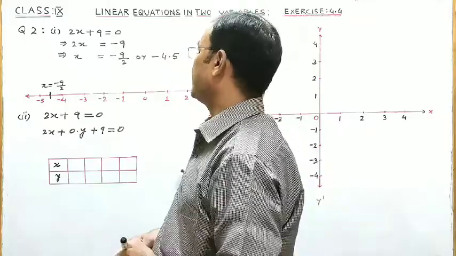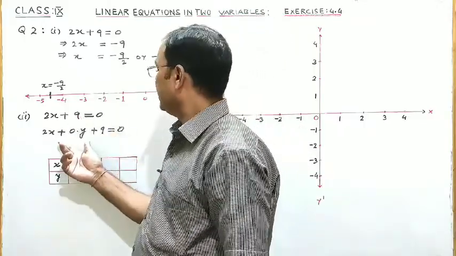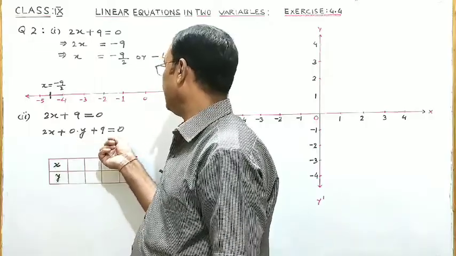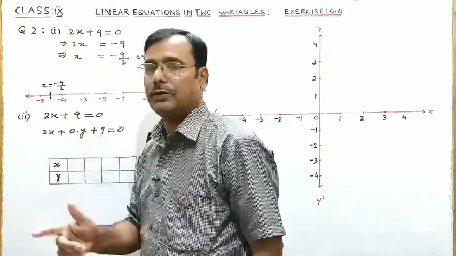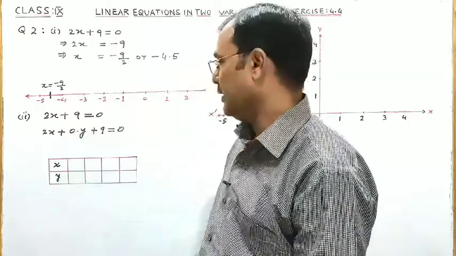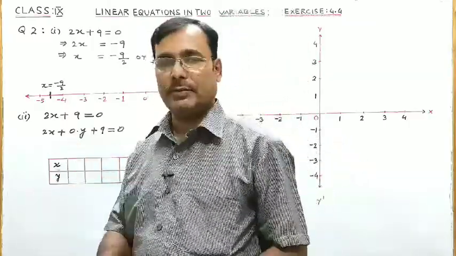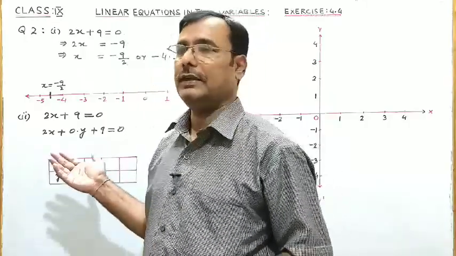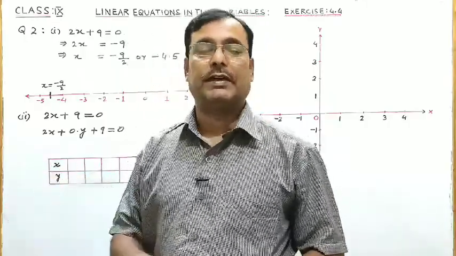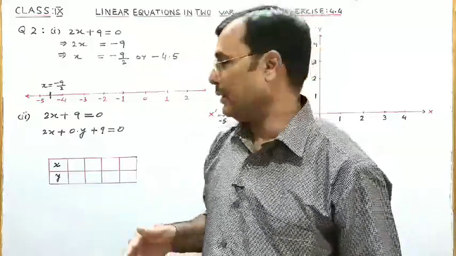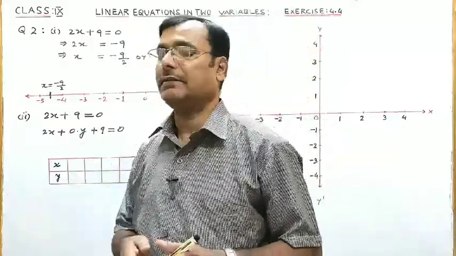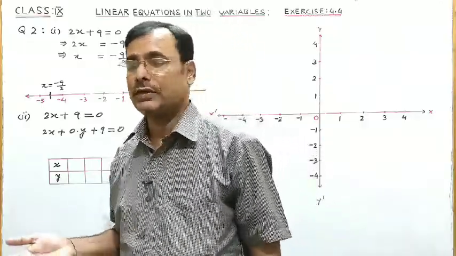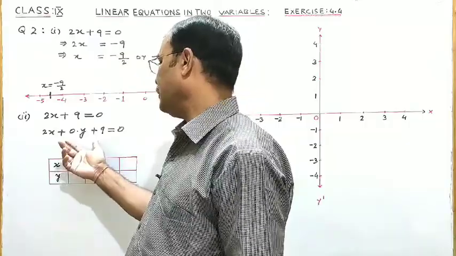So 2x plus 9 equal to 0 is written as 2x plus 0y plus 9 equal to 0 as a linear equation in two variables. Now we have to represent it geometrically, or we can say graphically. To do so, we need some solutions of this linear equation in two variables.